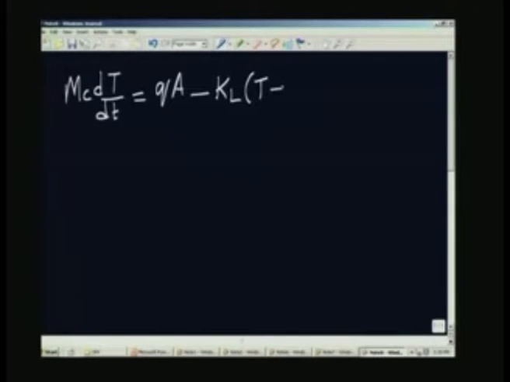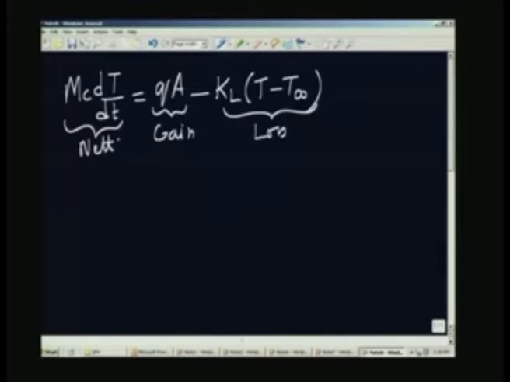So, we have mc dT by dt, the rate of change of the internal energy of the sensor, equal to qA, which is the heat flux impinging on the sensor, minus the loss part KL into T minus T infinity. This will be the equation. We will say this is gain and this is loss, and of course, this is the net effect.